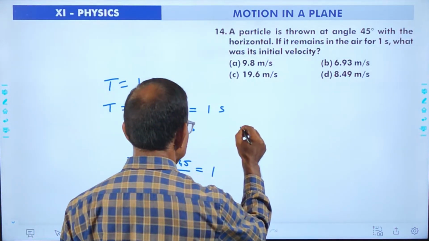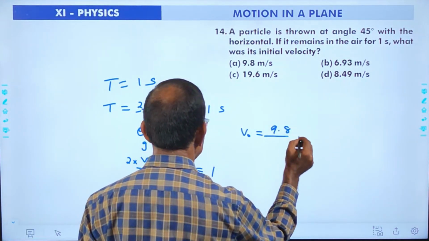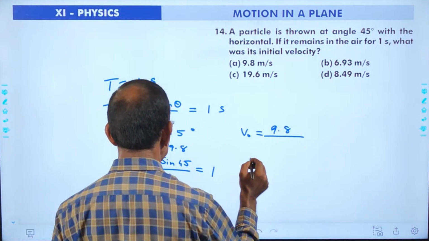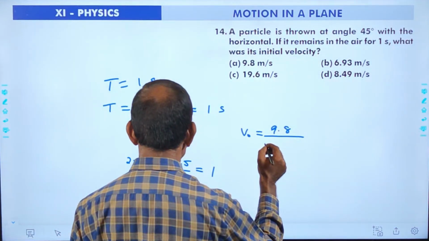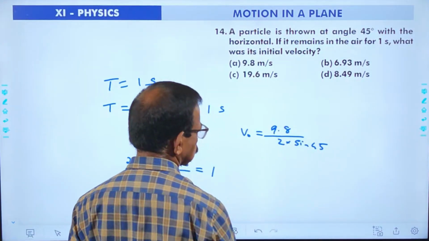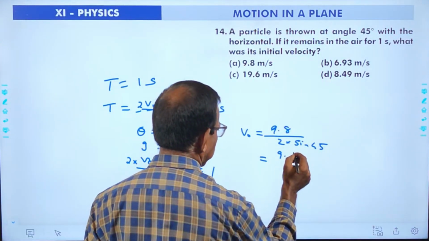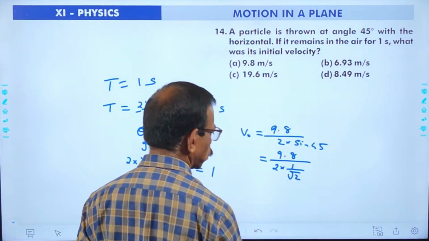How much is V0? V0 equals 9.8 divided by 2 into sin 45. That is, 9.8 divided by 2 into sin 45, and sin 45 is 1 by root 2.